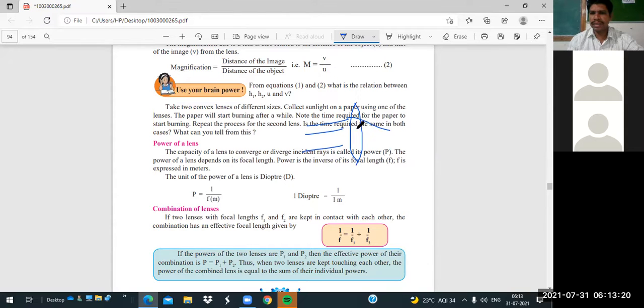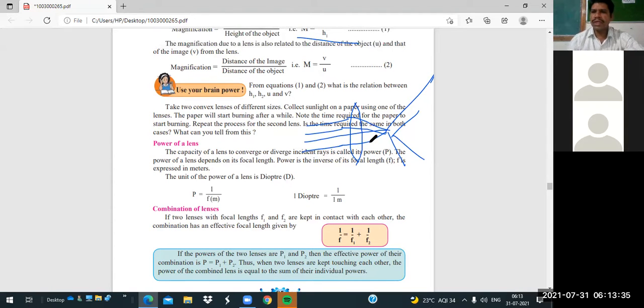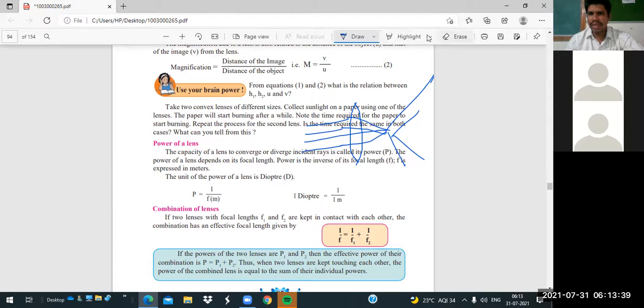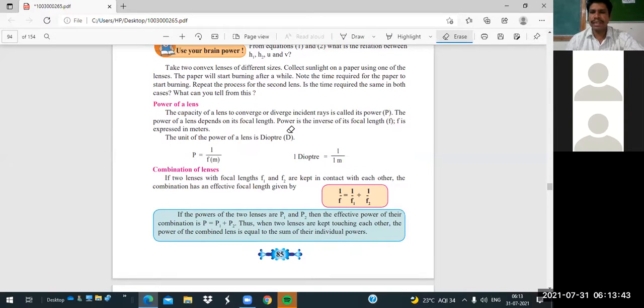We have seen all these things. So this is converging. The capacity of a lens to converge or diverge is called its power.